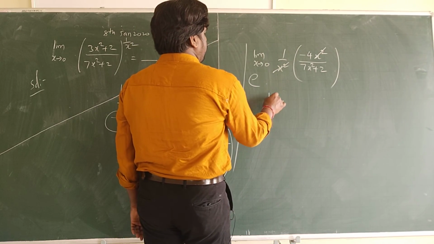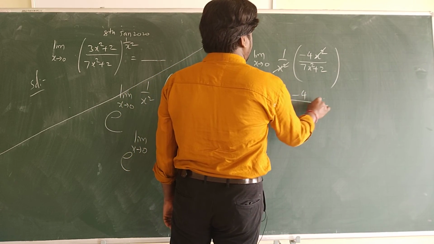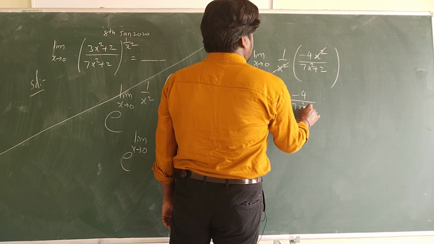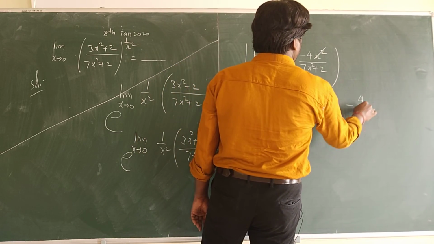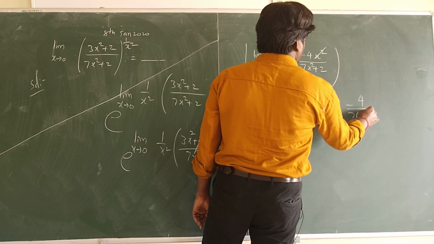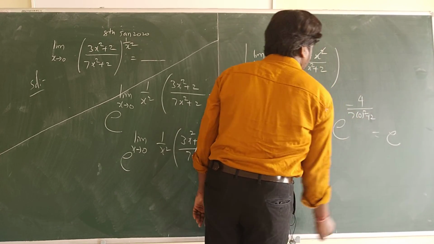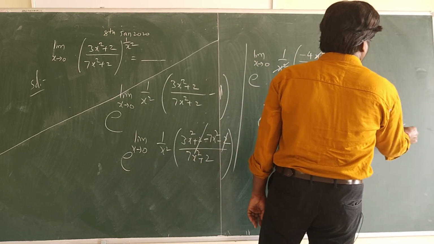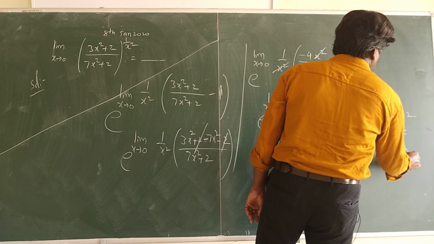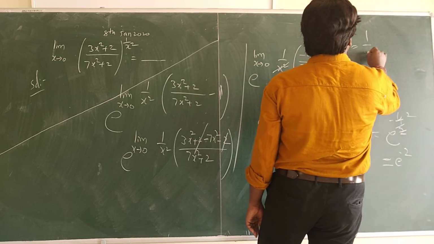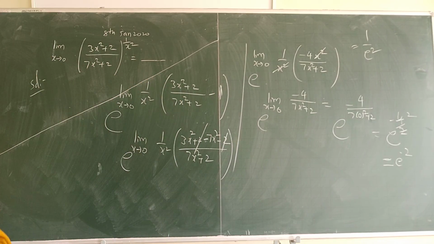So e to the power of limit x tends to 0, you got minus 4 by 7x square plus 2. Substitute the limit here: e to the power of minus 4 upon 7 into 0 square plus 2. So I get e to the power of minus 4 by 2. Answer is e to the power of minus 2, that is 1 by e square.